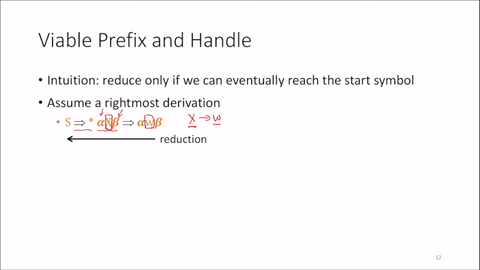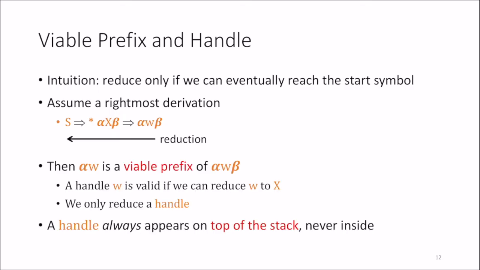So this rightmost derivation notation is useful because this alpha w, which is over here, we call that a viable prefix. Essentially, we keep shifting, we do some reduces, and then we keep shifting again. At some point, we'll end up with alpha w. And alpha w is a viable prefix because w here can be replaced with an x.